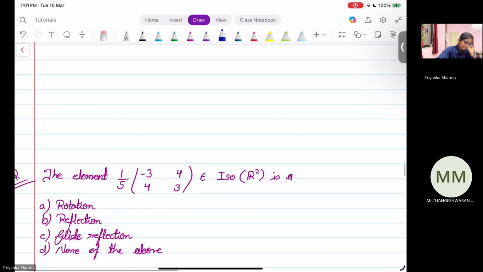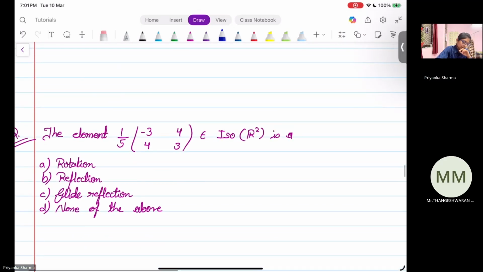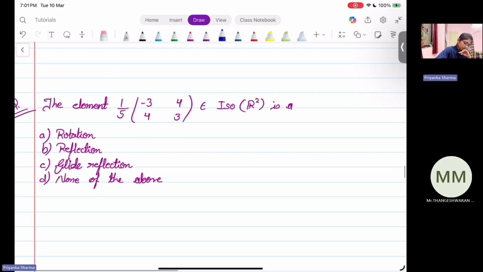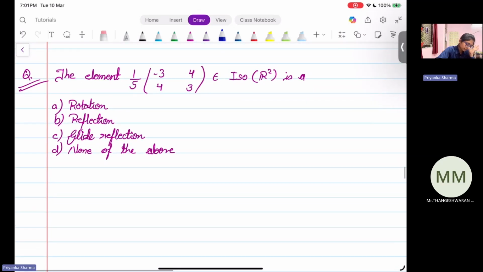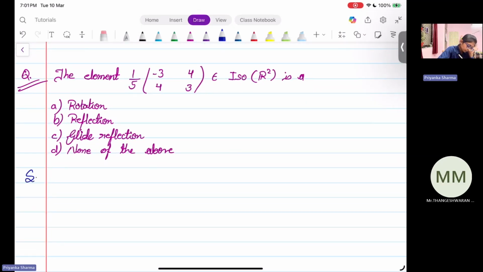Okay. Second question. Consider this element. So we have four conditions again: rotation, reflection, glide reflection, or anything else. Like this can be translation or identity one, obviously. So again, here the matrix is not the identity one. So this cannot be a translation.